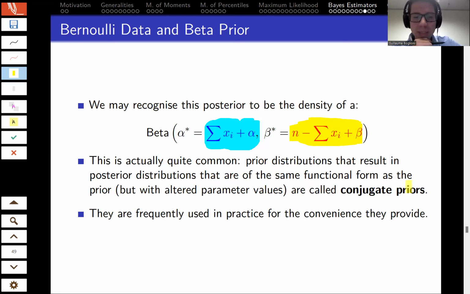This is very convenient because we obtain a distribution that we know very well, so we know what the mean of this distribution is, we know what the variance is, and so on. So here, we would say the beta is a conjugate prior for the Bernoulli, meaning that if you have a Bernoulli with a parameter that's a beta, you get the posterior that also is a beta.